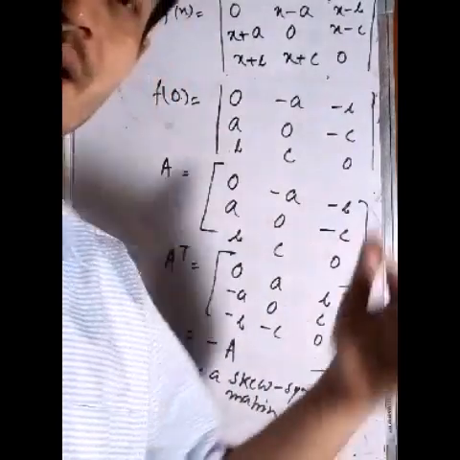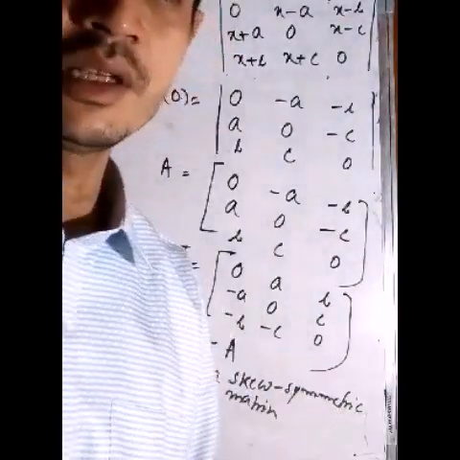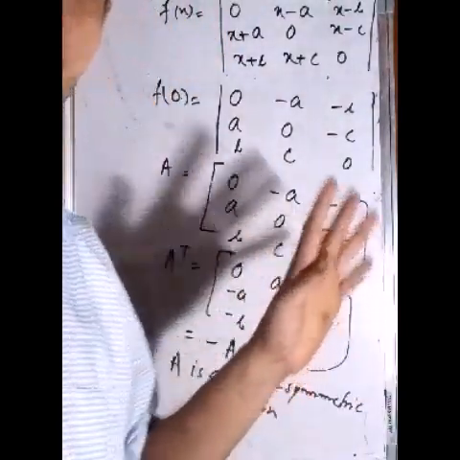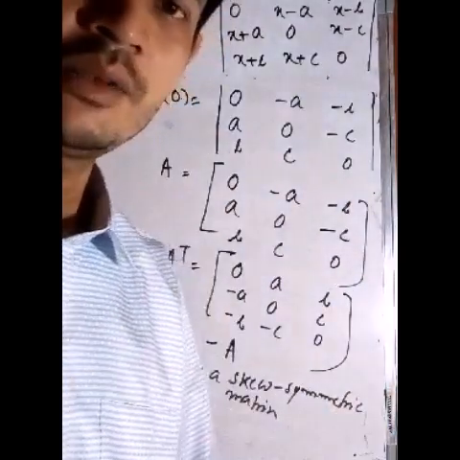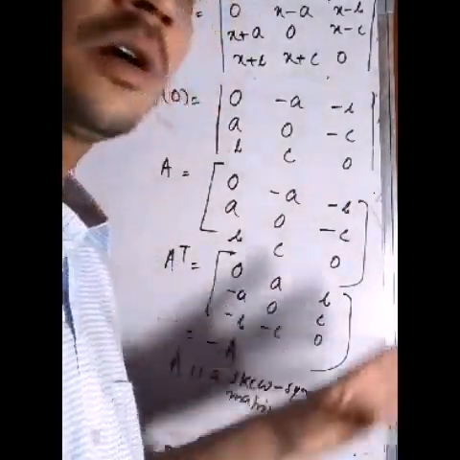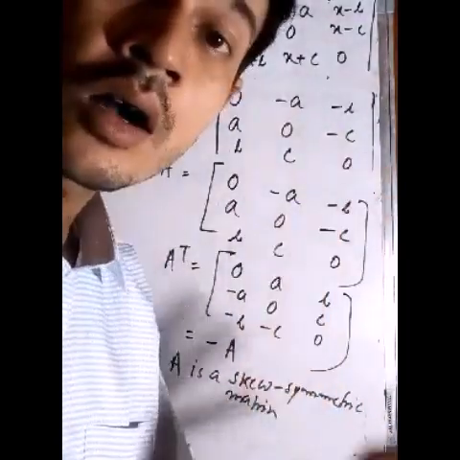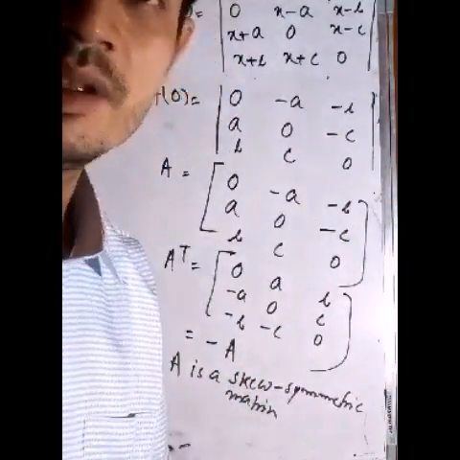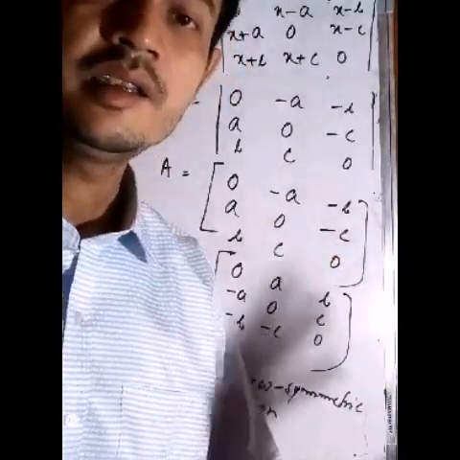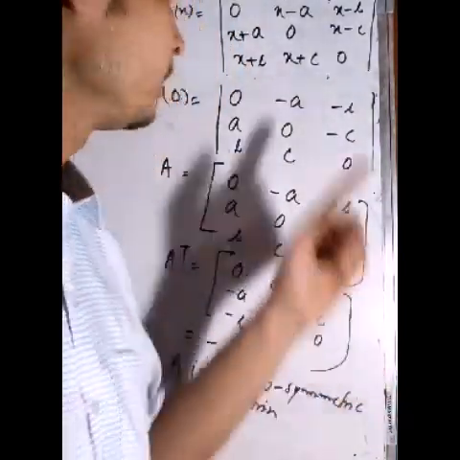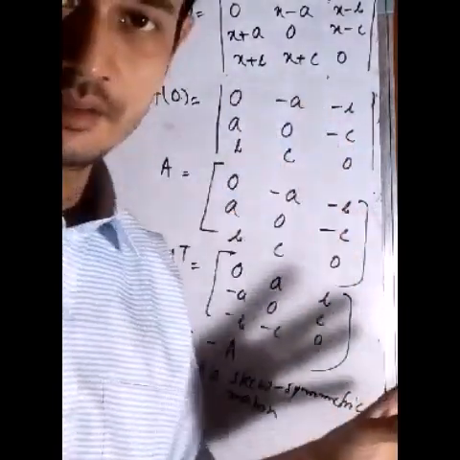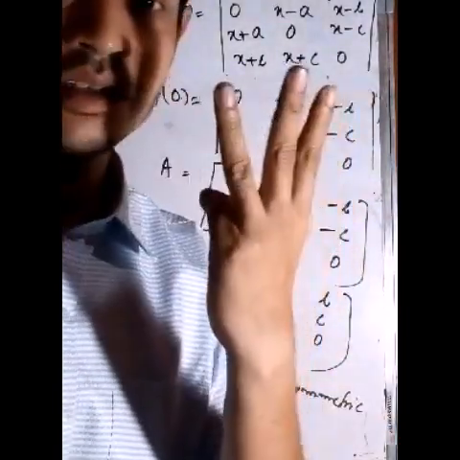There is a property of determinants. We can prove it in upcoming classes. I will prove the theorems, but mainly I am focusing on the problems, because the theory part you will get from the book. So we have a result: a skew symmetric determinant of odd order is 0. What is odd order? This determinant is 3 by 3, so the order of this determinant is 3.